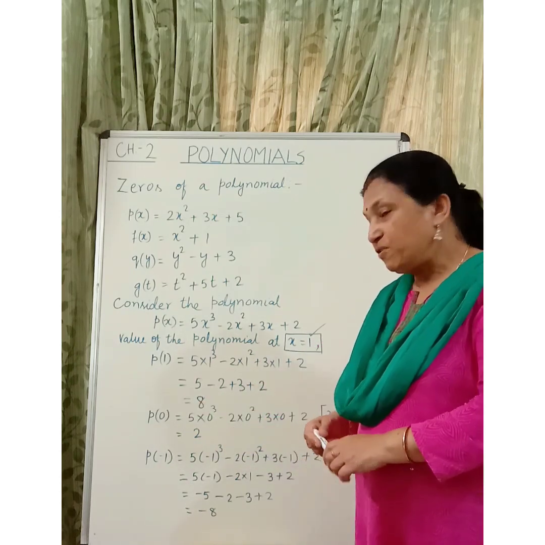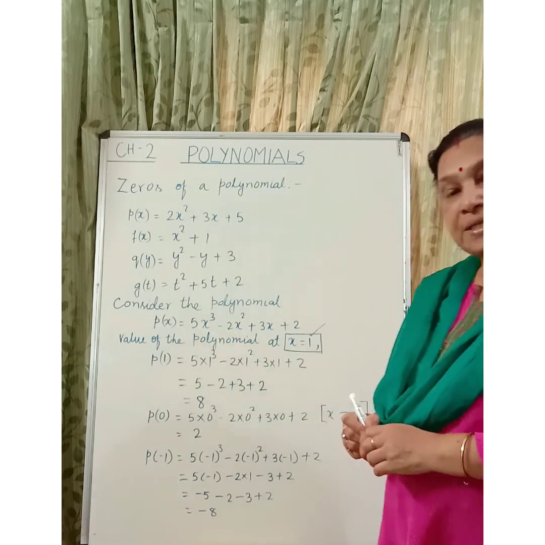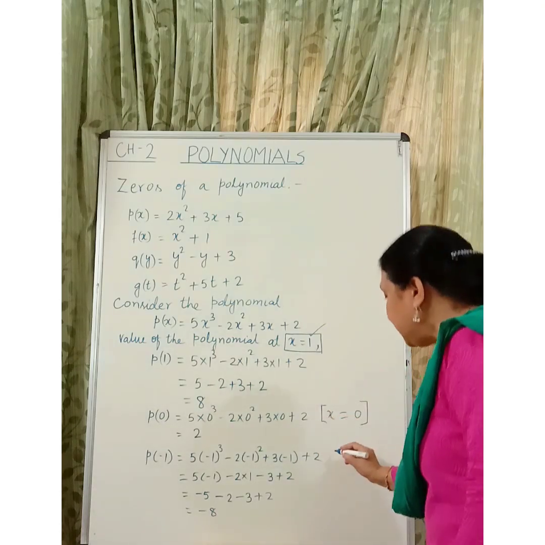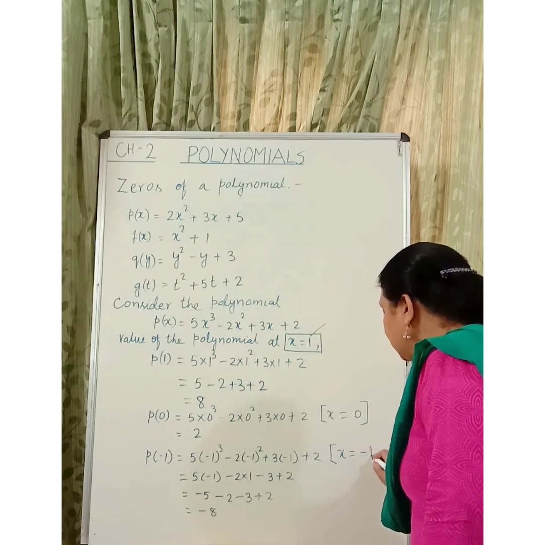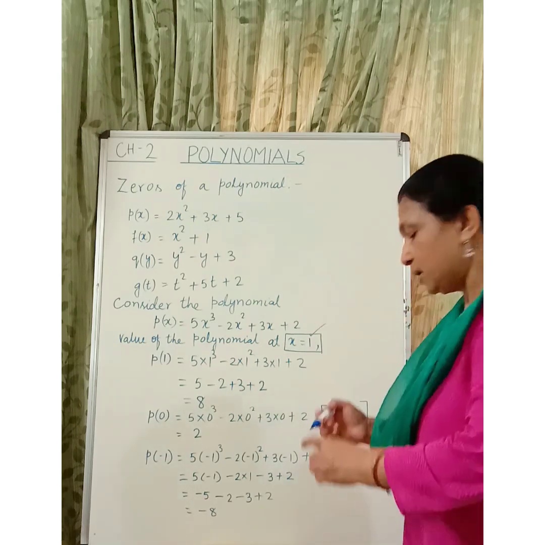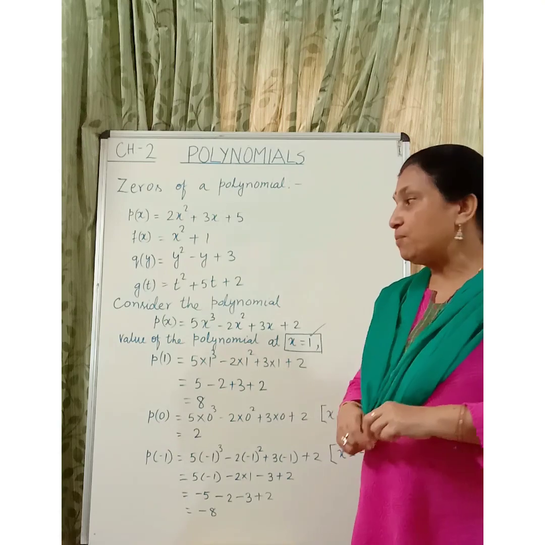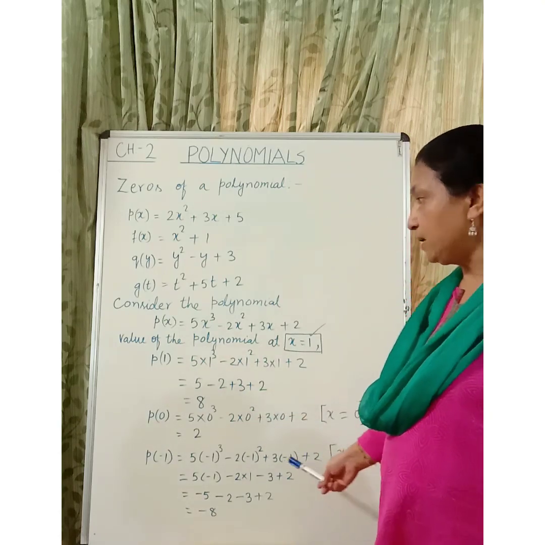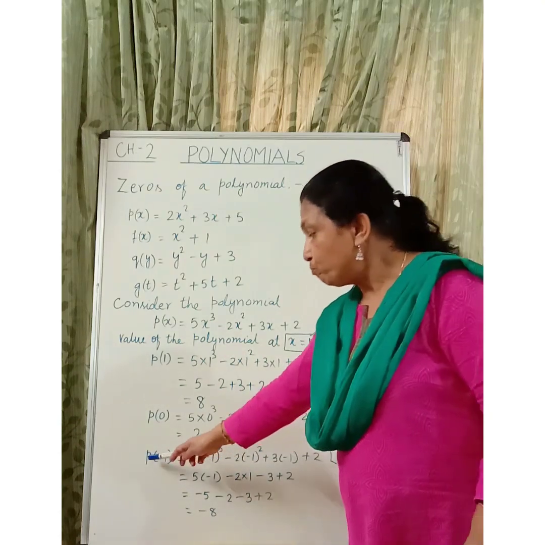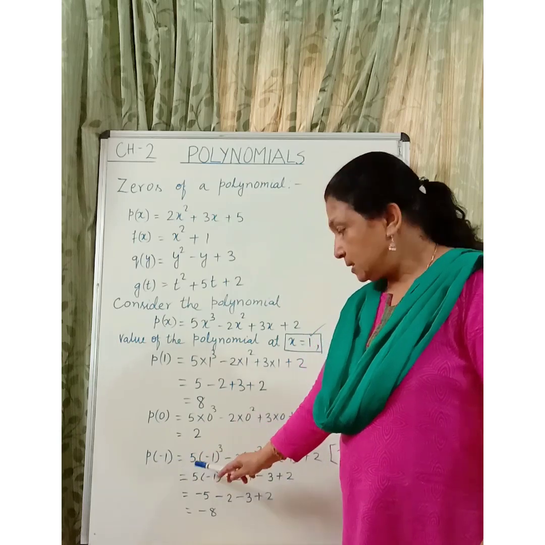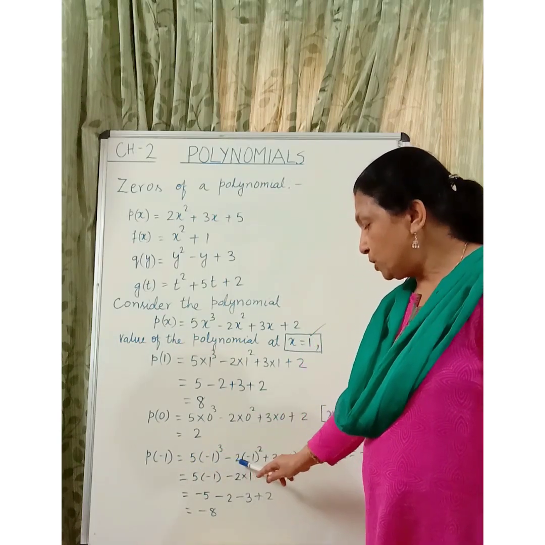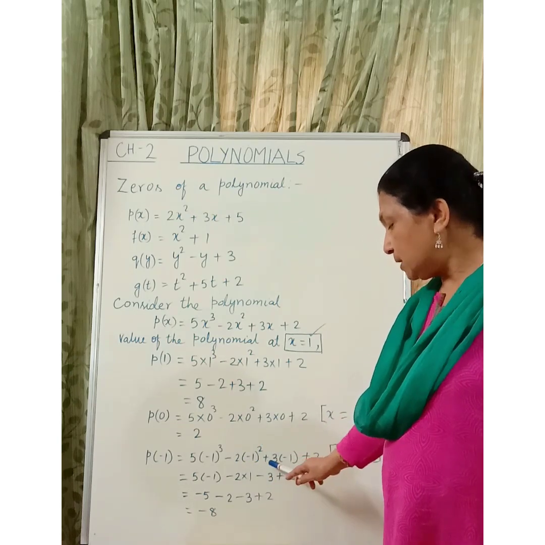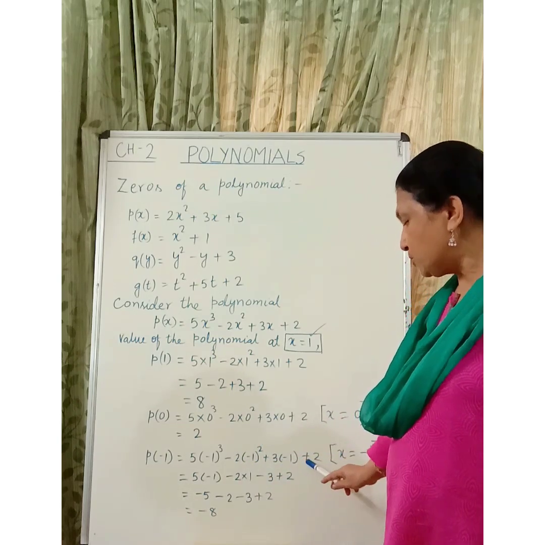Similarly, the same way, when we take the value of x as minus 1, or any negative integer, we can take any value of x. Suppose x is equals to minus 1. So how much will be the value of the polynomial? That will be p of minus 1 is equals to 5 into minus 1 cube minus 2 into minus 1 square plus 3 into minus 1 plus 2.